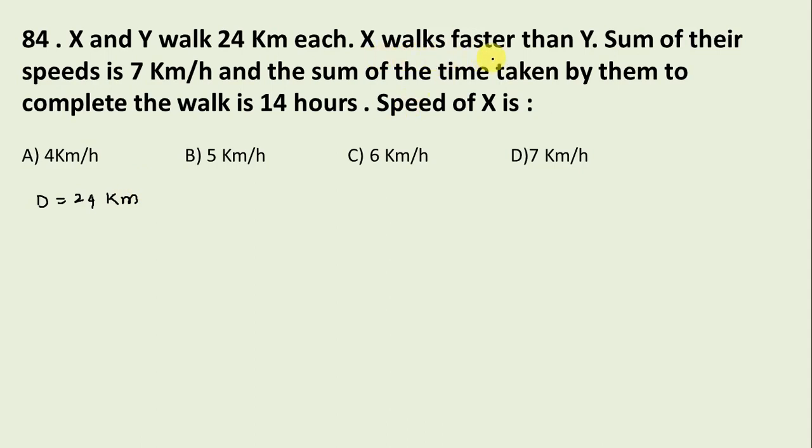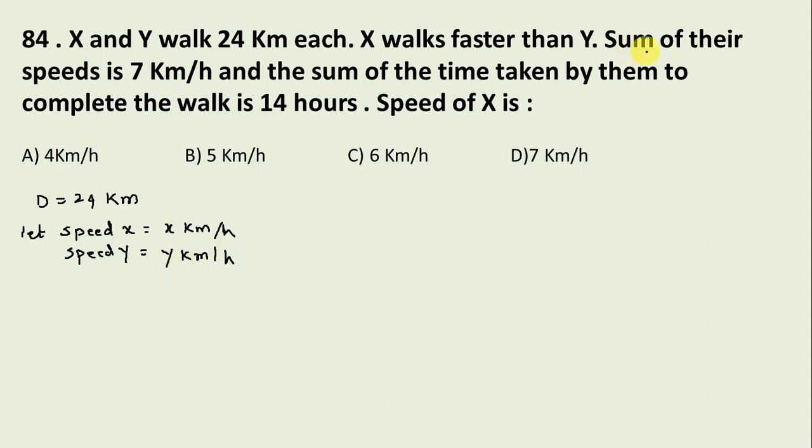X walks faster than Y. Sum of their speed is 7 km. So speed is not given. So let speed of X be x km per hour. Same way the speed of Y is y km per hour.